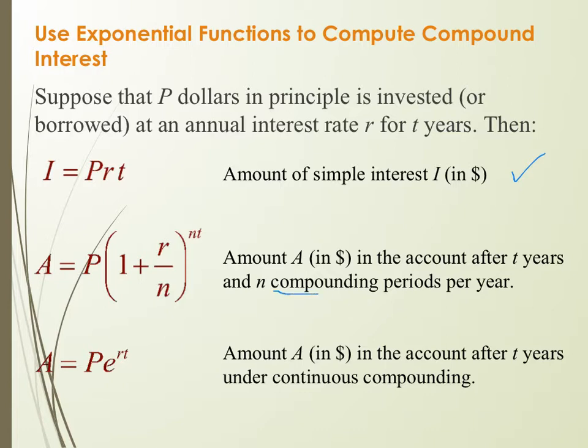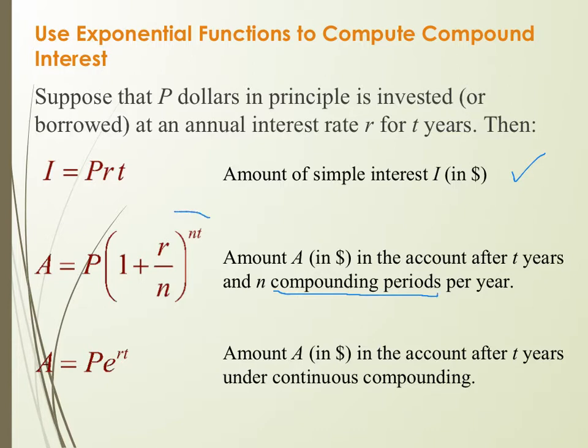But now we can add in compounding. When we look at compounding for N periods, the amount in the account is equal to the principal times 1 plus the rate of interest divided by the period of compounding, raised to the compounding period times the time in years.